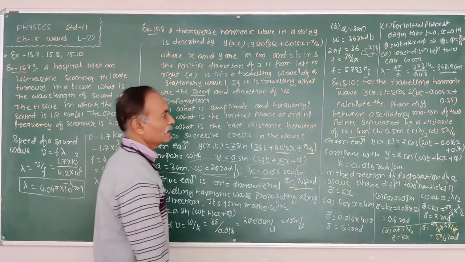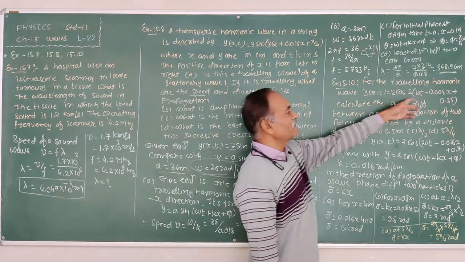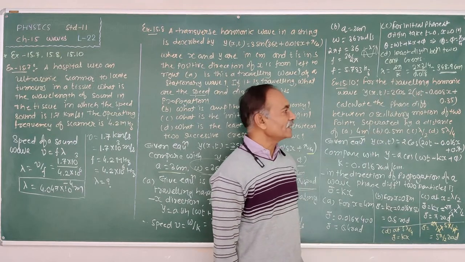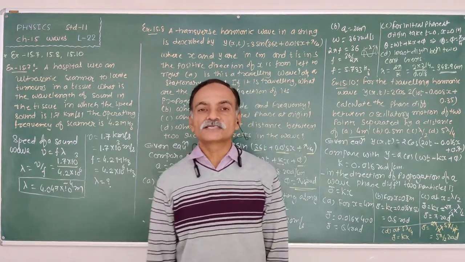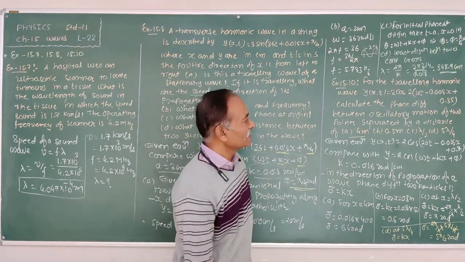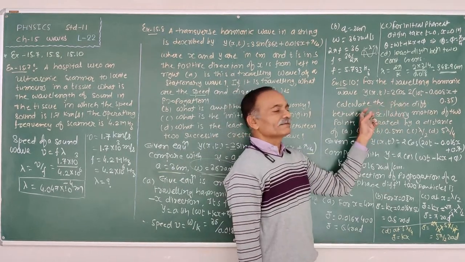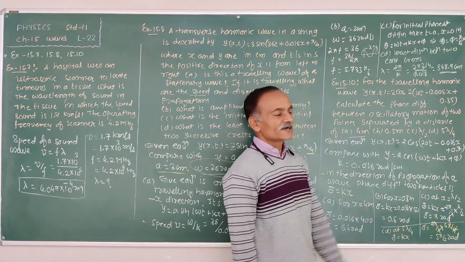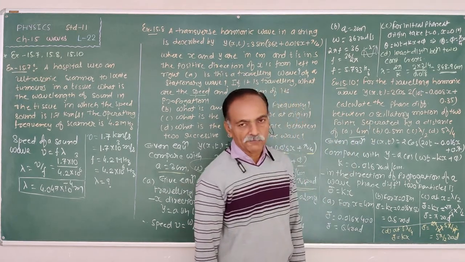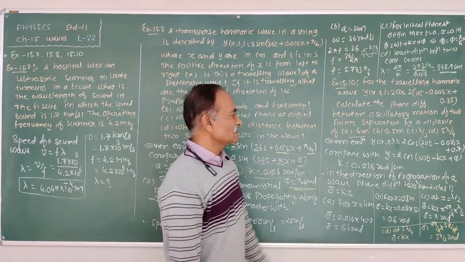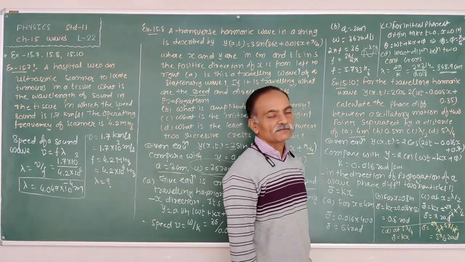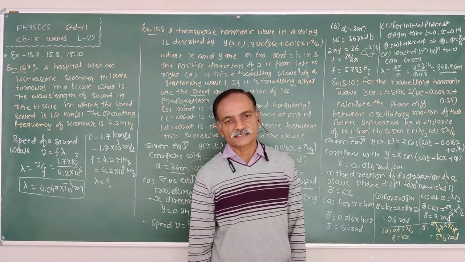For that purpose, the traveling harmonic wave is represented by y(x,t) is equal to 2 cos 2 [10t minus 0.008x plus 0.35]. Calculate the phase difference between oscillatory motion of two points separated by a distance of first 4 meter, second 0.5 meter, third lambda by 2 distance, and d, 5 lambda by 4 distance.